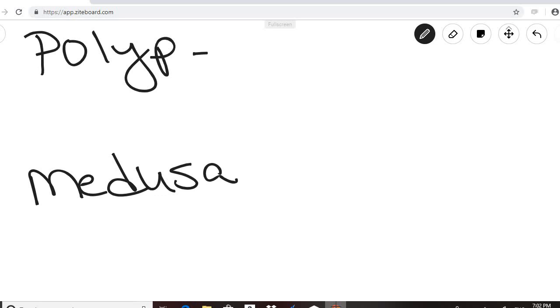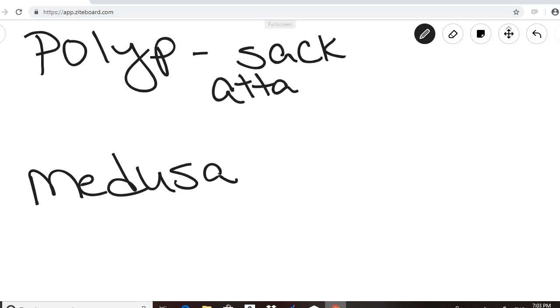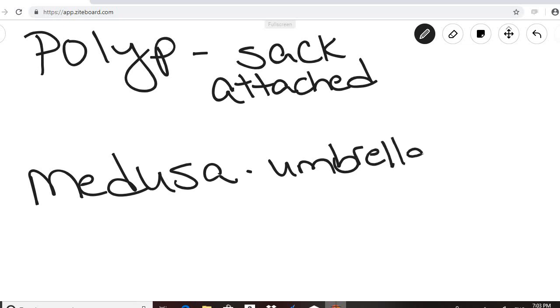A polyp looks like a sac, and it is usually attached to something. And then a medusa looks more like an umbrella. And medusas are usually free swimming, so they're not attached to anything.